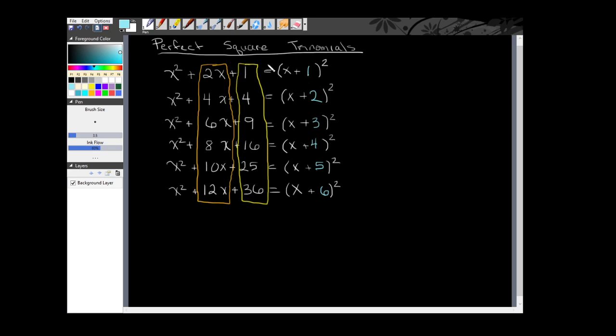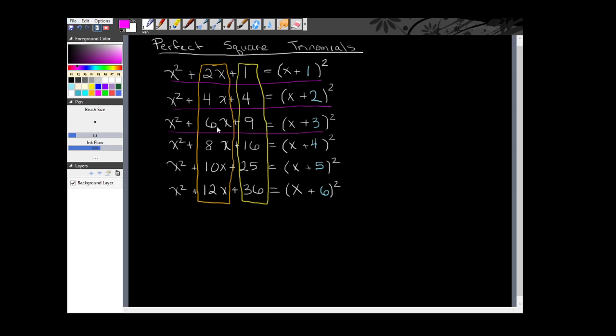So this pattern that you're seeing here is called the perfect square trinomial pattern. It comes with a couple of formulas, okay? Which I'll be putting on another screen in just a second. But if you can recognize this pattern, it makes your factoring so much easier.